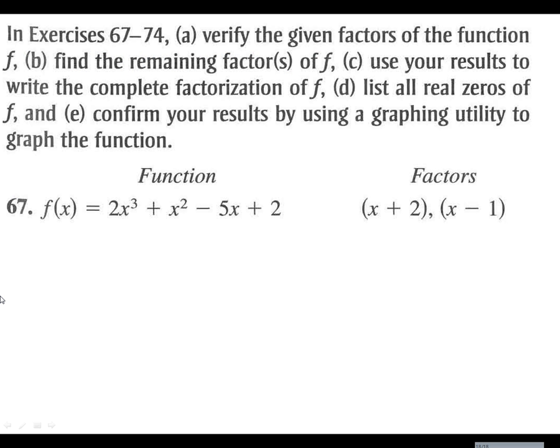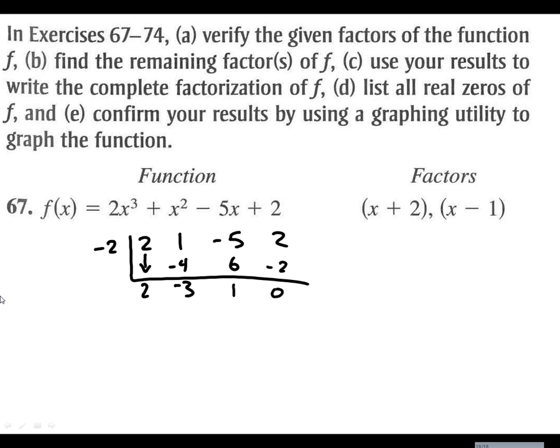All right, if you've tried it, here's what you should have done. 2, 1, negative 5, 2, negative 2. And that's going to be positive 1, negative 2, so it does factor.